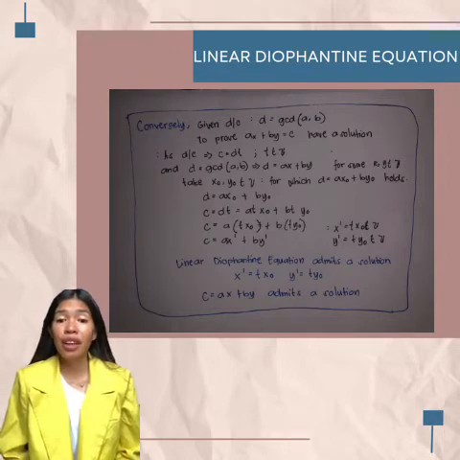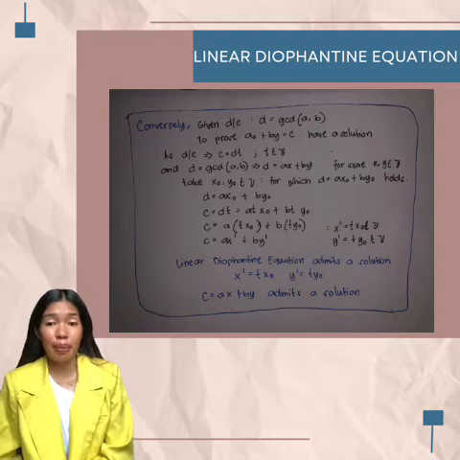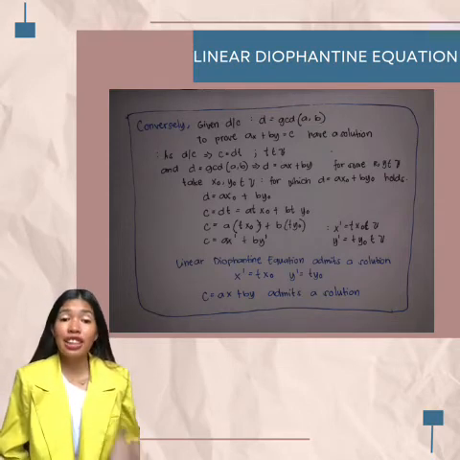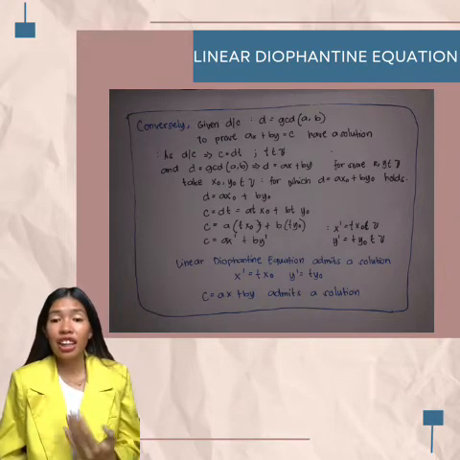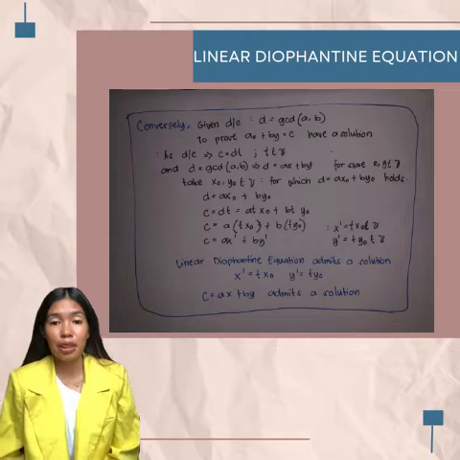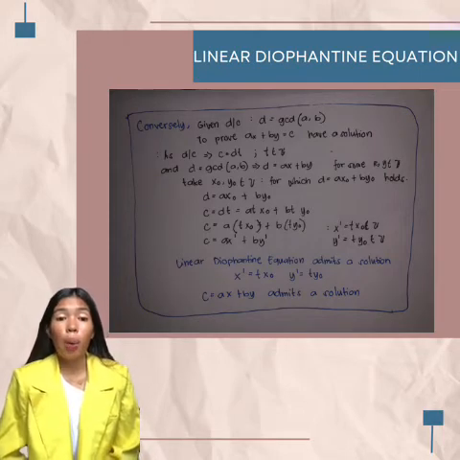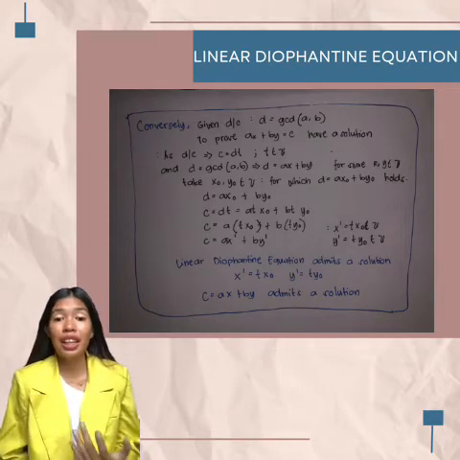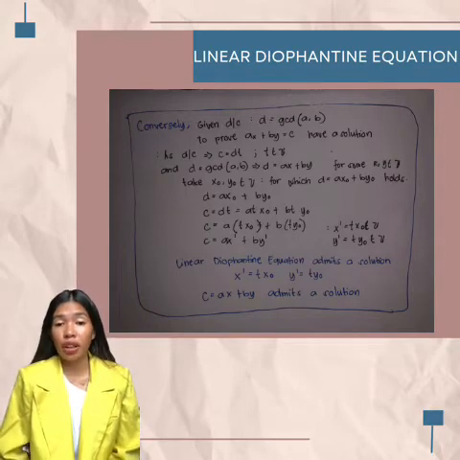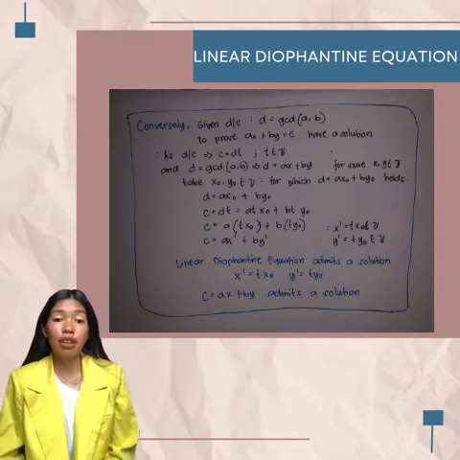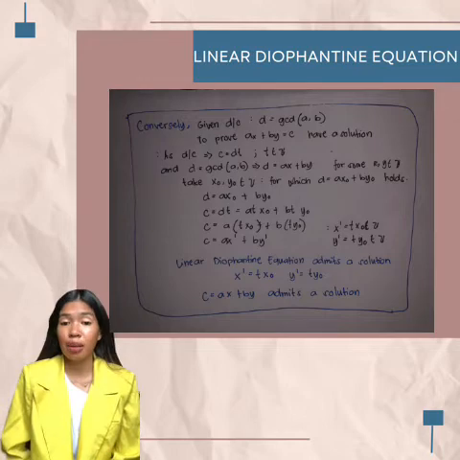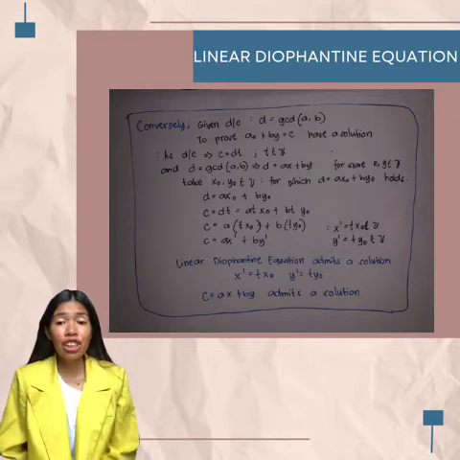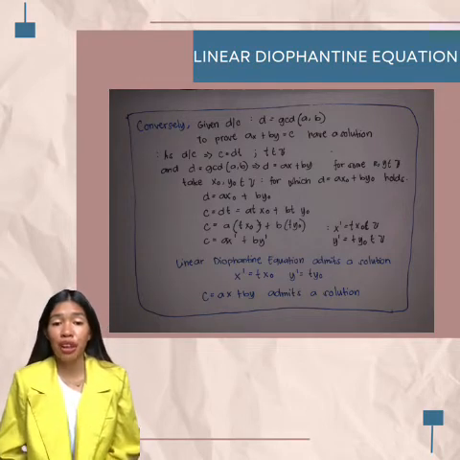And we also know that D is the GCD of A and B, so this is given to us. So this implies D can be written as a linear combination of A and B. So let's write D as ax plus by for some x and y which belong to the integers. So I'm assuming that for some x naught and y naught, D equals ax naught plus by naught. This relation holds, so we have particular values.